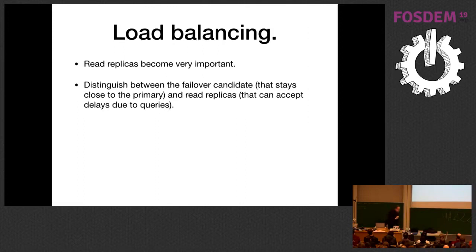Because on streaming replication, there is a trade-off you have to make between the query load that it accepts and how close it will stay to the primary. On smaller databases, having one that does both is probably okay. But at this point, your read load is probably getting to the point that the read secondaries will start experiencing significant delay, enough that you don't want to lose that data in the case of primary failure.